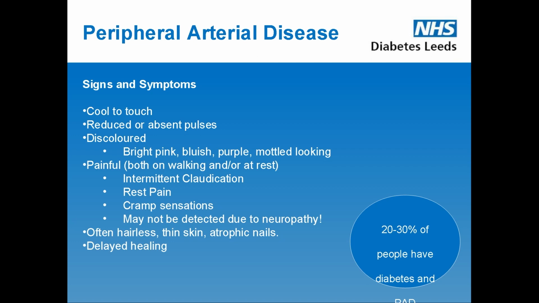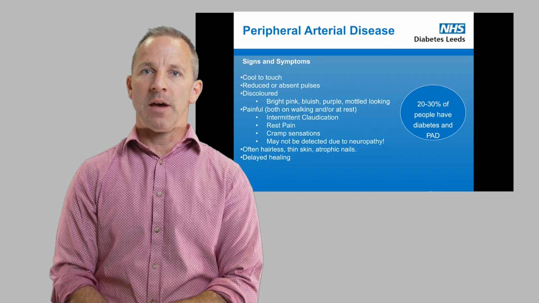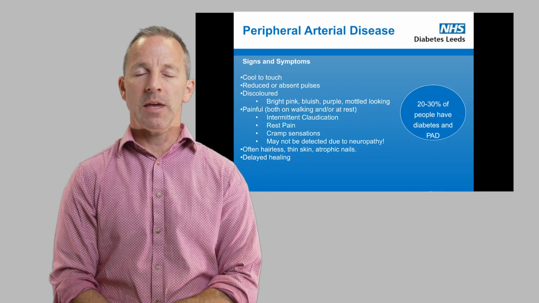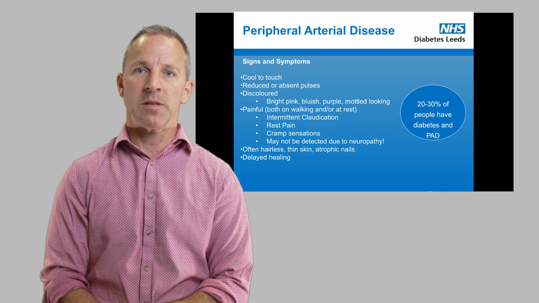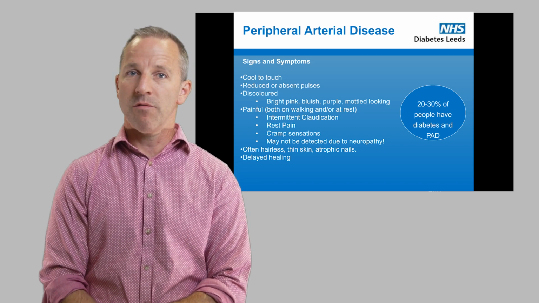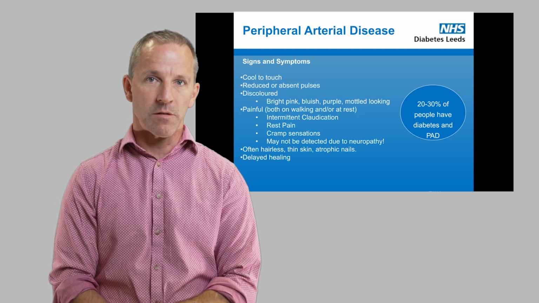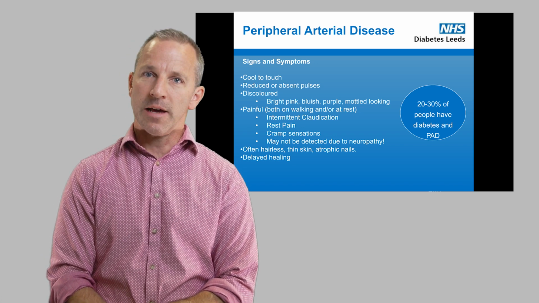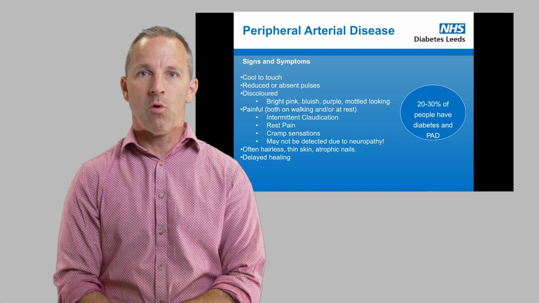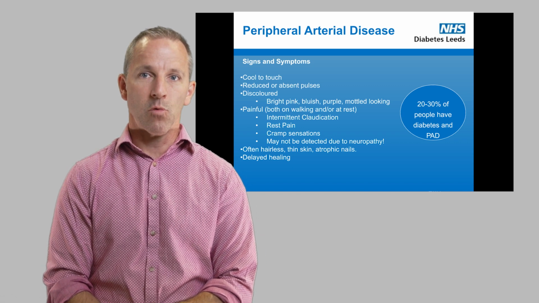There may be hairless toes or hairless feet, pallor in the skin, poor nail quality, and when we're looking at wounds, there is a delayed healing process. Please be very aware that peripheral arterial disease is highly prevalent in diabetic patients due to their lack of feeling or their neuropathy. They cannot feel the damage that is being done by the lack of circulation, like intermittent claudication or pain in the feet or a lack of walking.